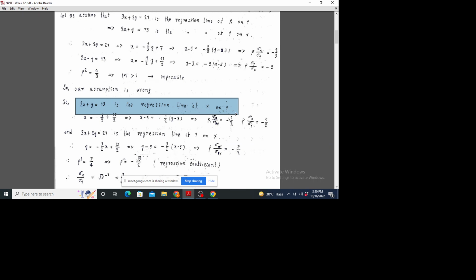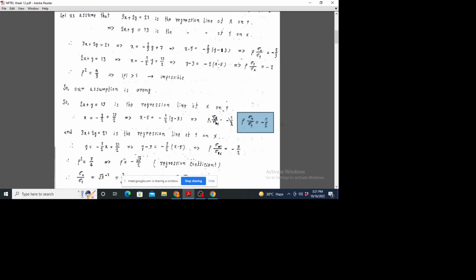Now again we will express this equation in the appropriate form for the regression line of x on y. That means in this form. We will extract the slope of this straight line and equate it like this. So this is one equation involving the regression coefficient, sigma x and sigma y.